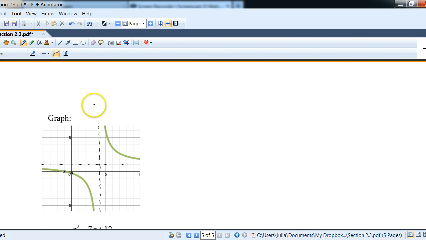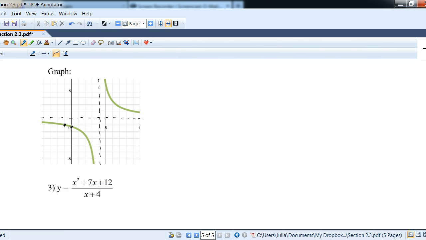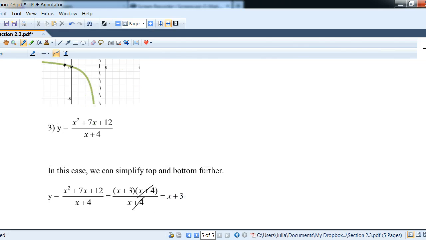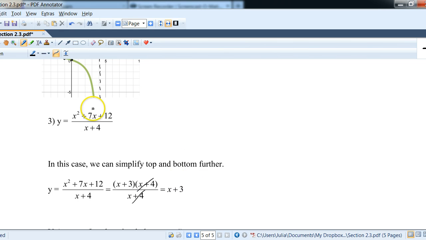Again, I drew the asymptotes myself on top of this graph, and because of these 2 points, I could figure out that this graph was here, and this graph to the right of the asymptote had to be above, because if it was below, it would cross the x-axis, and I don't think there were any additional points.